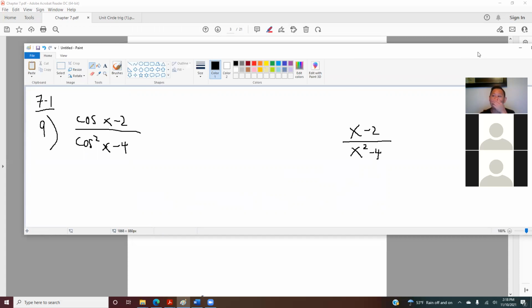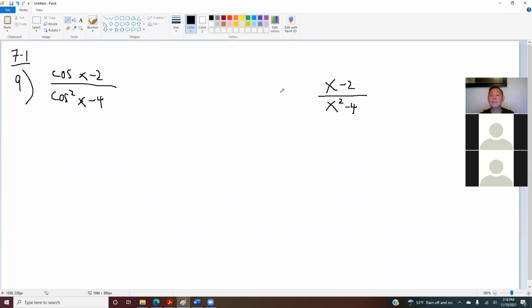Does anyone know how to simplify this type of rational expression? You need to factor. Can we factor x minus 2? No, we cannot factor x minus 2. Can we factor x squared minus 4?